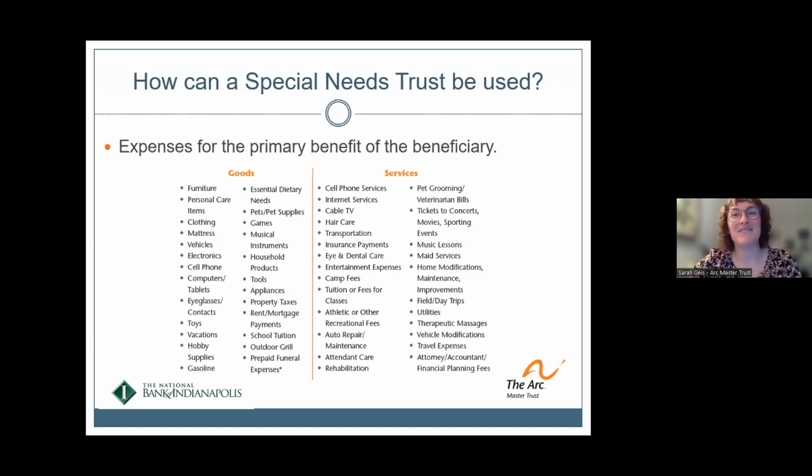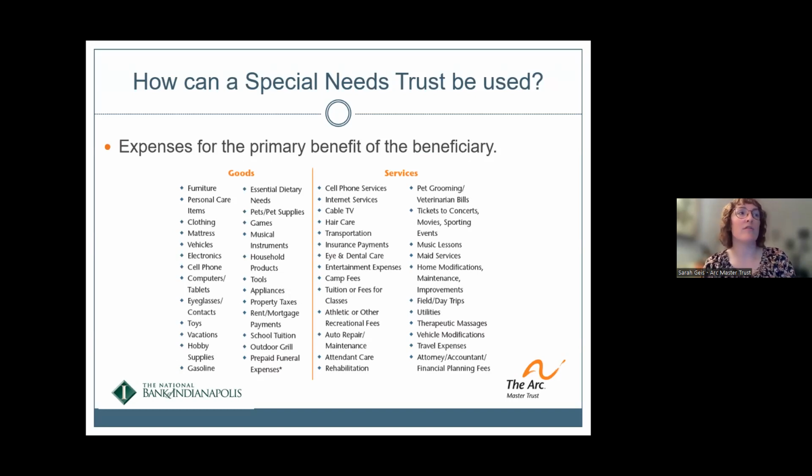This is sometimes the most frequent question folks ask me: how can a special needs trust be used? A special needs trust can be used for an incredibly wide variety of things, and it's almost impossible to create an all-inclusive list. So everything on this page is the list of the most common ways we see beneficiaries at the ARC Master Trust wanting to use their trust.